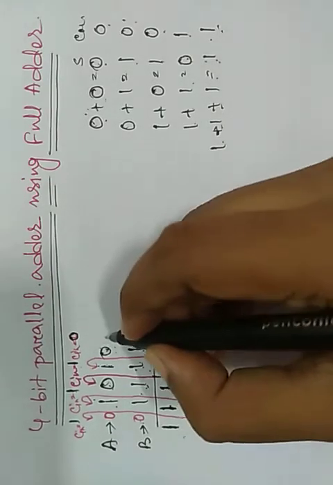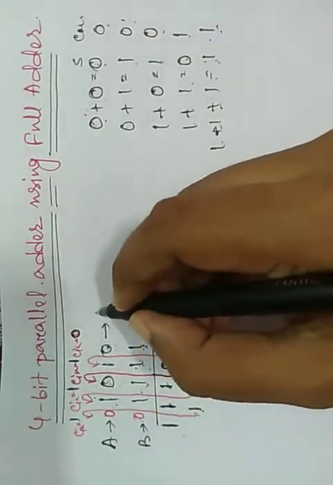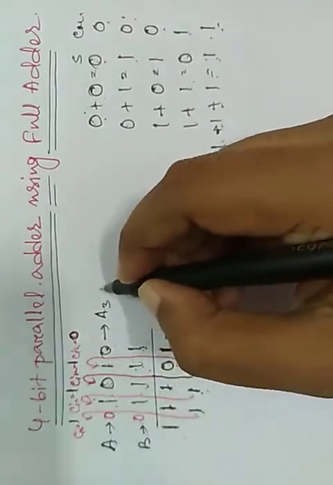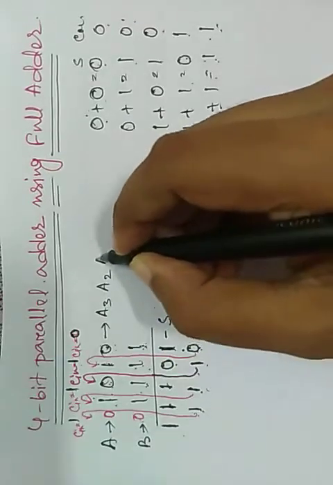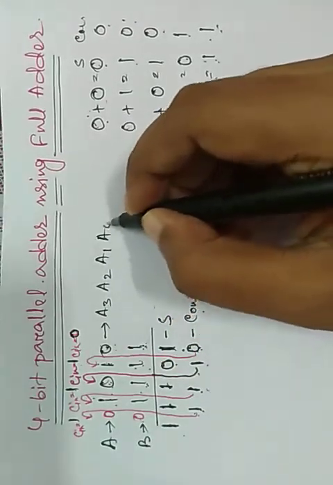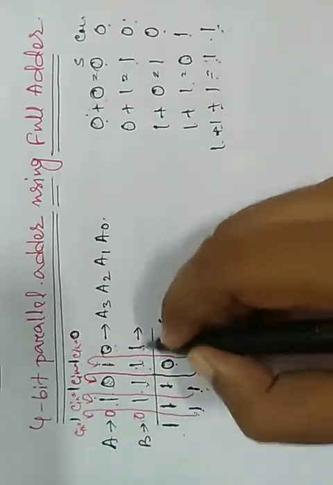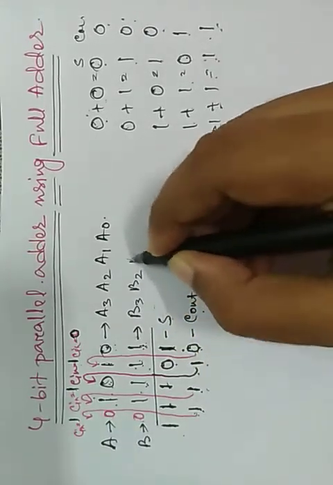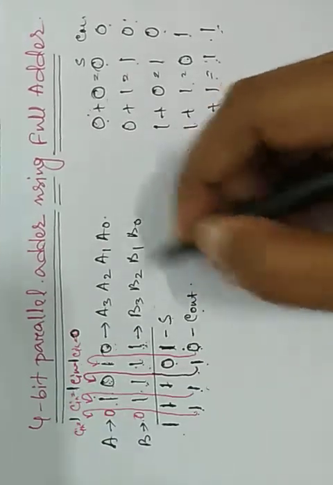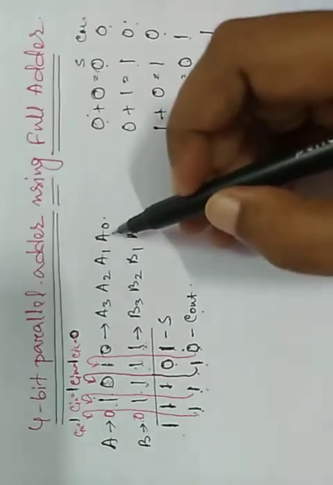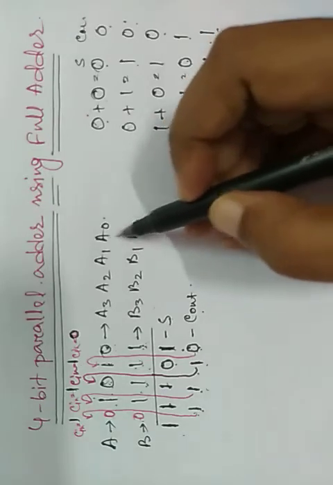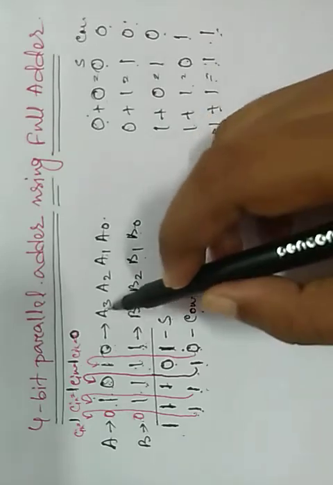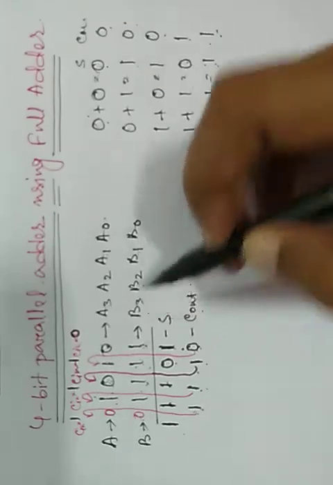So let us take these bits as A3, A2, A1, A0, and these bits as B3, B2, B1, B0. Every time it adds the digits in sequence: A0 with B0, A1 with B1, A2 with B2, and A3 with B3.